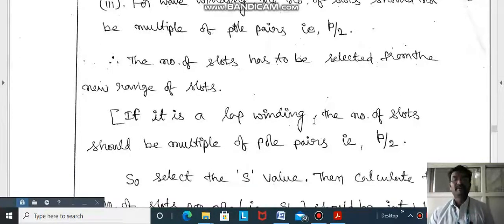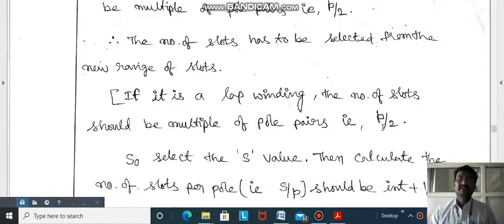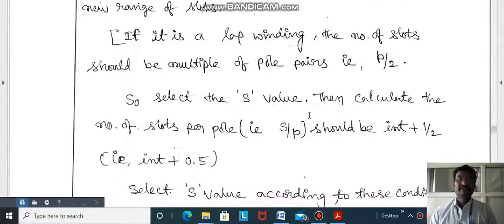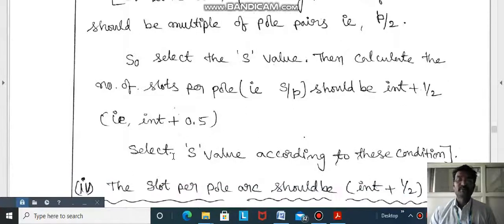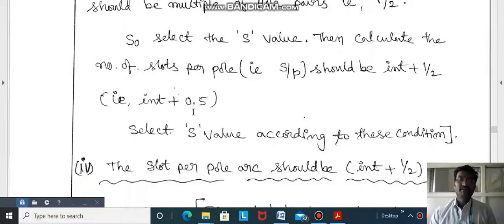If it is a lap winding, the number of slots should be a multiple of pole pairs, that is P by 2. So select the S value, then calculate the number of slots per pole, that is S by P, which should be an integer plus 1 by 2. So the value should not be an integer. Select the S value according to this condition.